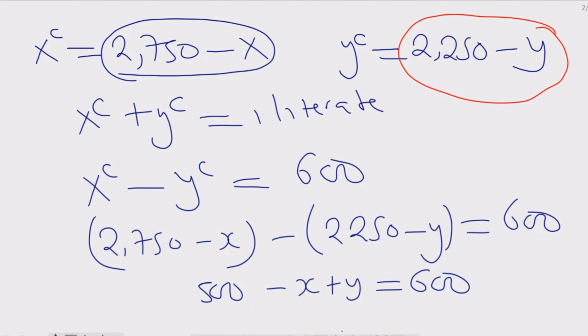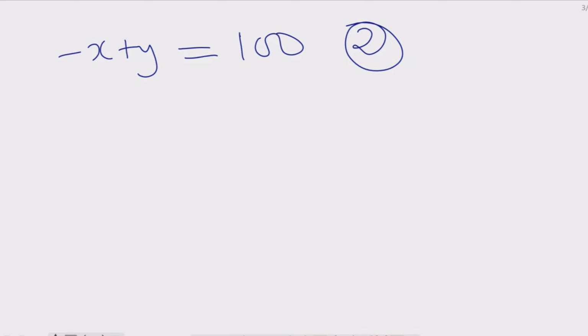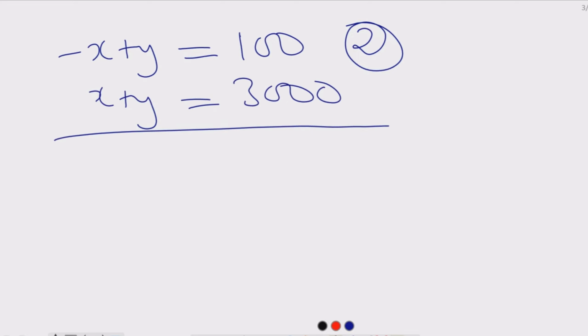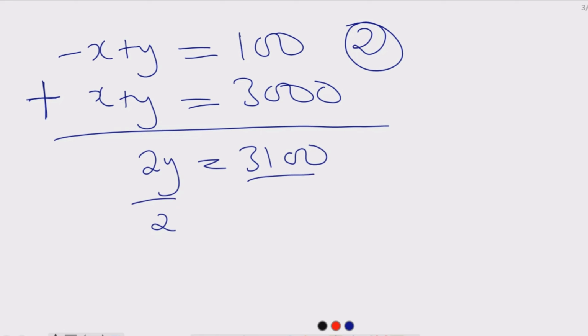Good. So when we solve this with equation 1, which is X plus Y equal to 3,000, we can just sum, because we have negative and positive X. So here we get 2Y is equal to 3,100. We divide by 2, so Y is equal to 1,550.